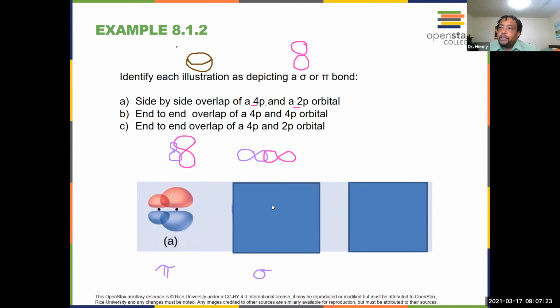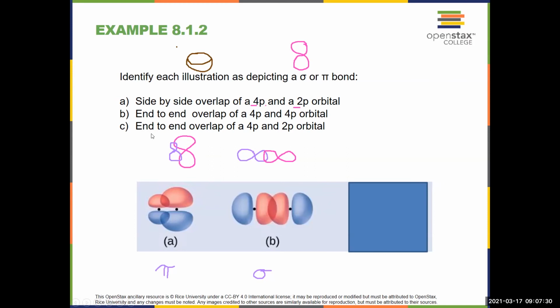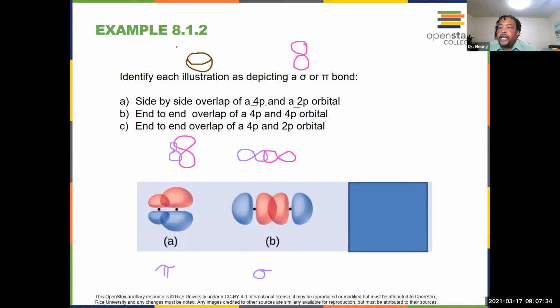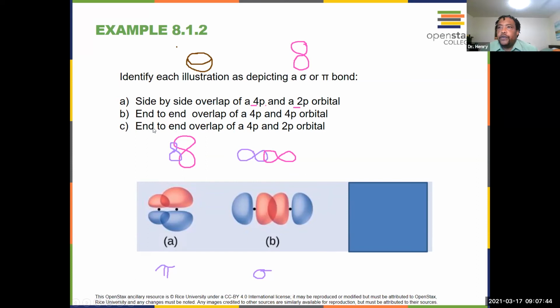I'll show you their pretty picture. And then the 1 sigma. Why is this 1 sigma? Because how many overlaps does it have? One. Okay, and then the last one, end-to-end overlap of 4p and 2p.